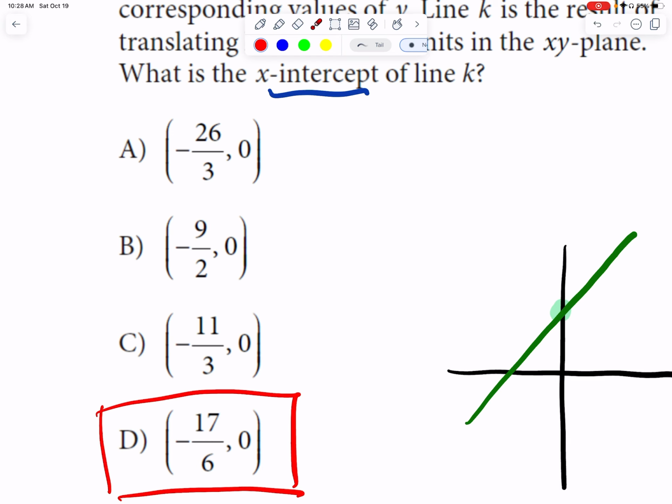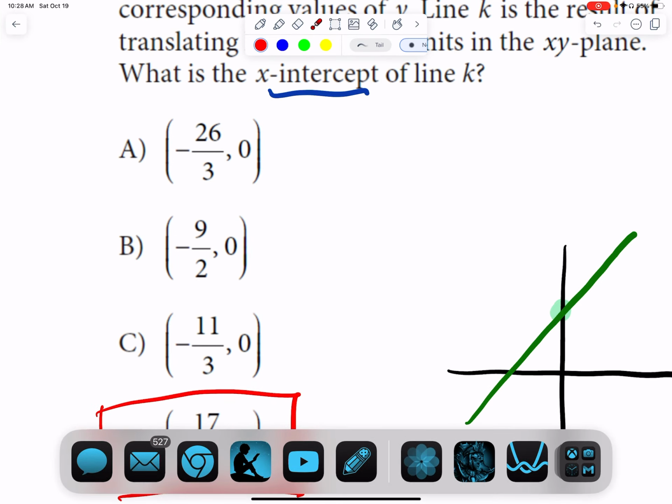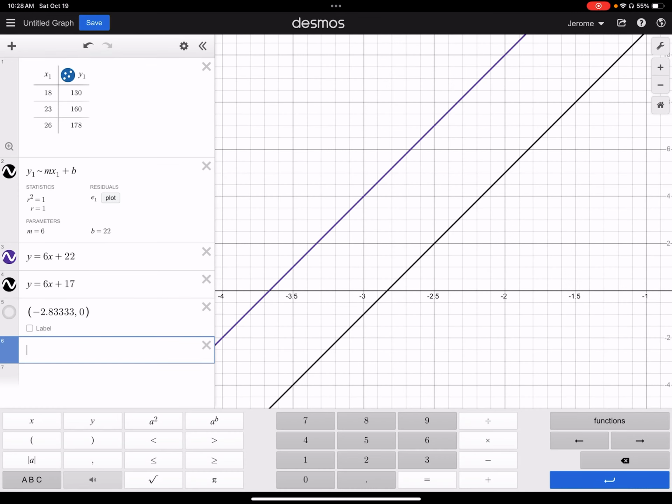Again, a 0.3 or a 0.6. The only one that's going to give us something strange is that last one. So you could just go straight to that negative 17 over 6. And just for the sake of some confidence, you can type that in, negative 17 divided by 6. And there you go. You can see that exact decimal number.